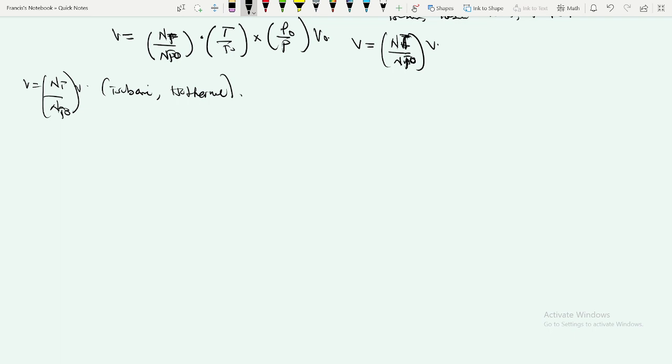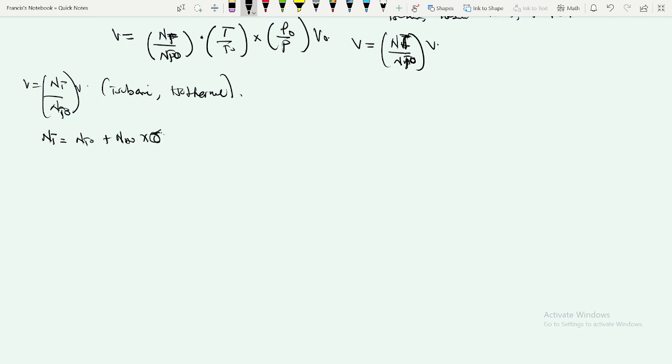From our stoichiometric tables, we derive that Nt, which is the total moles remaining, is equal to Nt naught plus nA naught X.